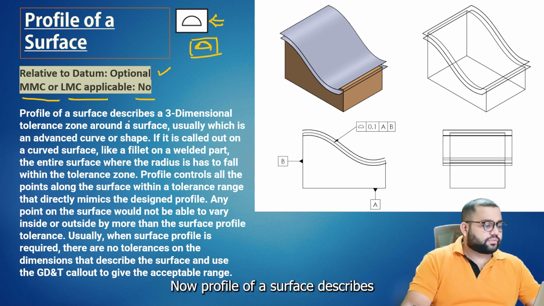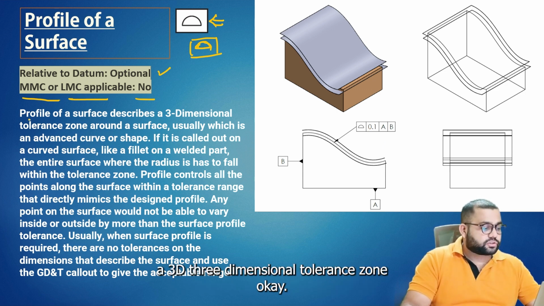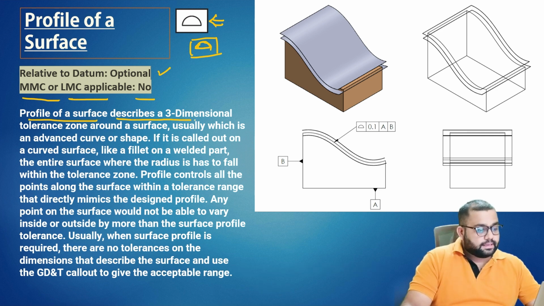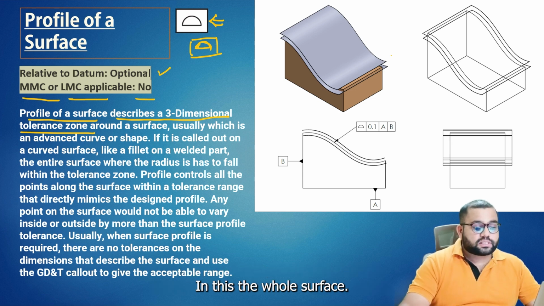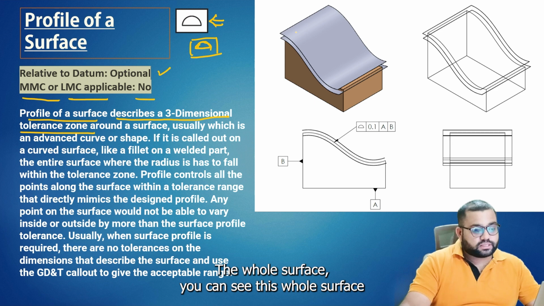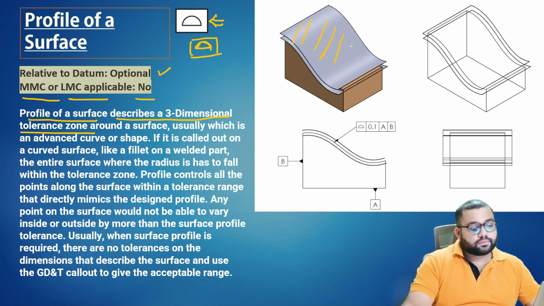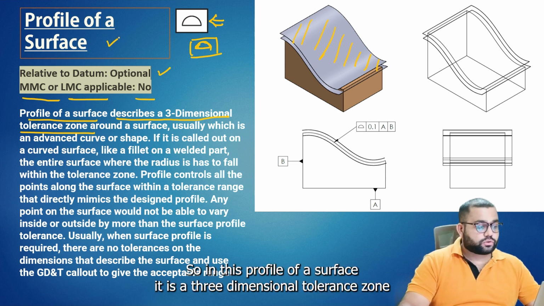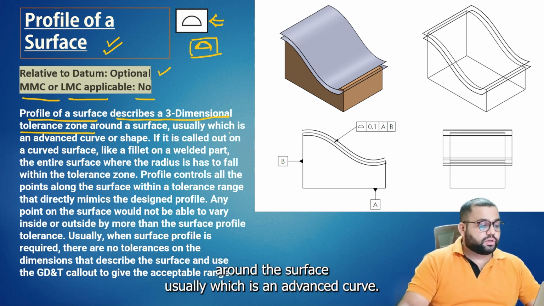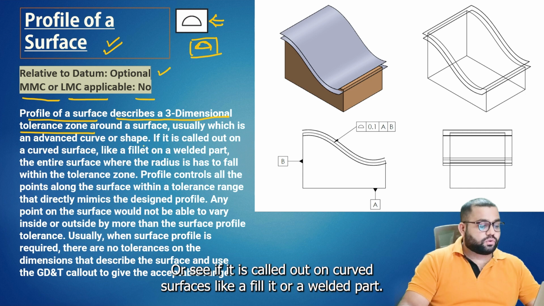Now, profile of a surface describes a three-dimensional tolerance zone. You can see that profile of a line is two-dimensional, but in profile of a surface, the whole surface over the part is taken into consideration. It is a three-dimensional tolerance zone around the surface, usually an advanced curve or shape.